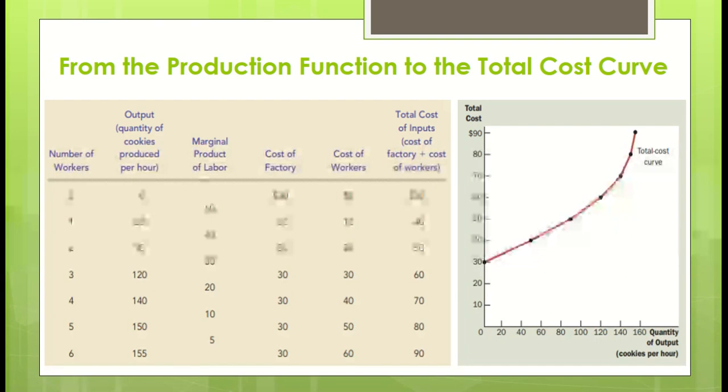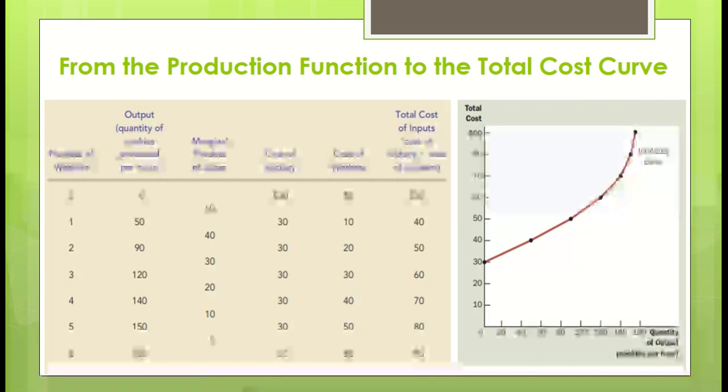And how can we calculate the cost of labor? Here in this case, just multiply the wage rate with labor. That means W multiplied by L. W here is the wage rate and L is the number of labor. So here in this case, the wage rate is $10 for one labor.